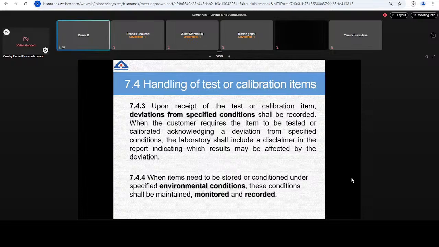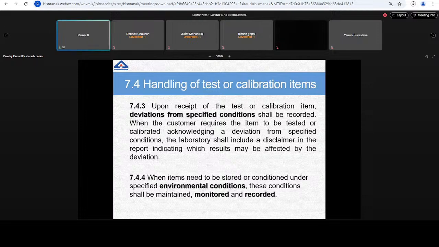Then the customer will tell you whether they may forward some other samples, or they may instruct you on the way forward. You may have to do the testing of the samples given to you with the deviation. By acknowledging that, you can register the samples and forward the item for testing, but the deviation must be recorded, and even that deviation must be included in the test report also.